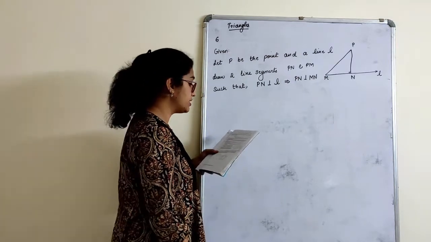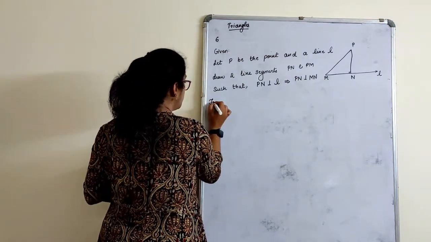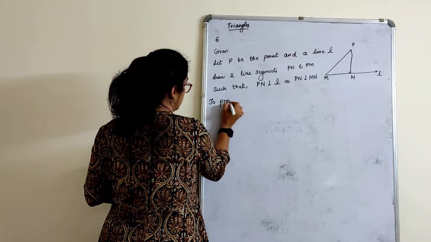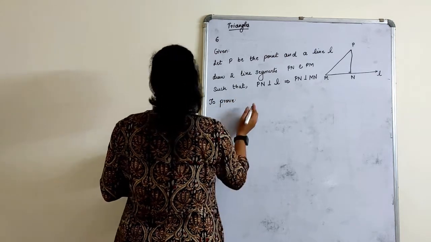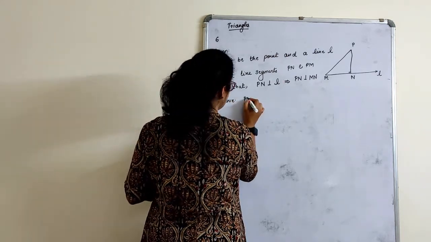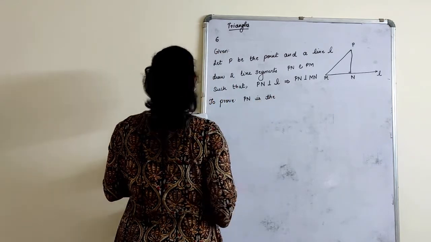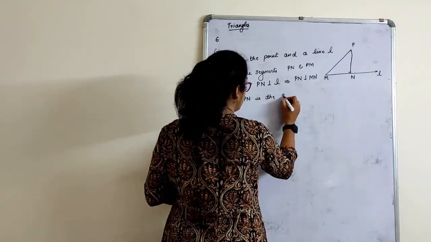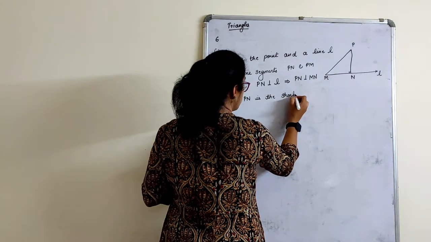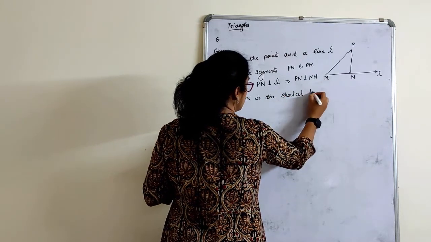Okay, till this much it is clear. What we have to prove? To prove PN, because that is a perpendicular line, is the shortest line segment.